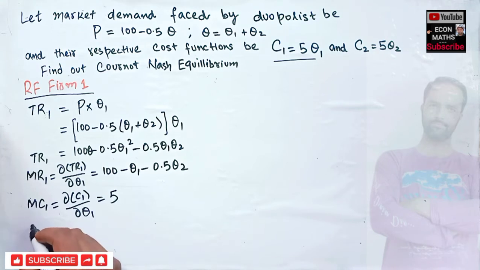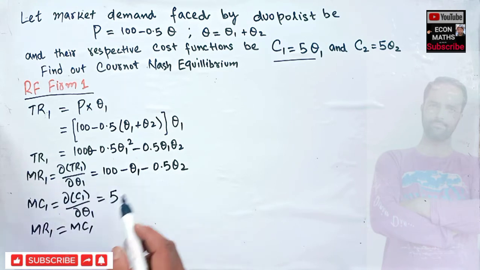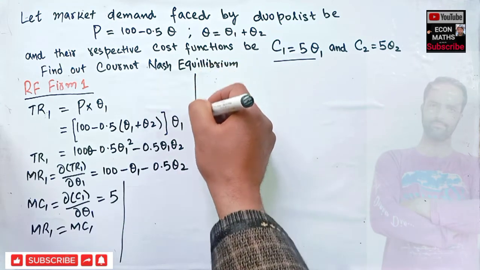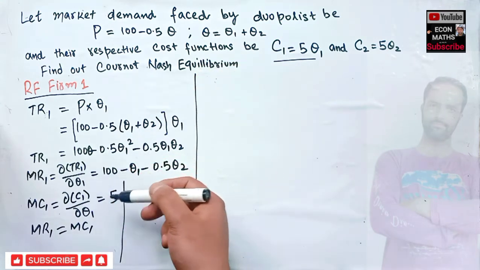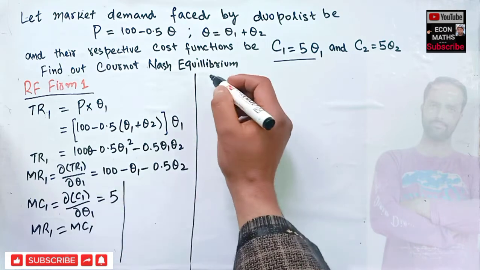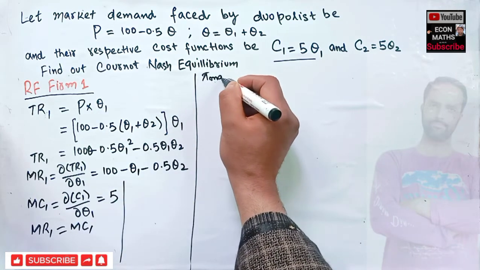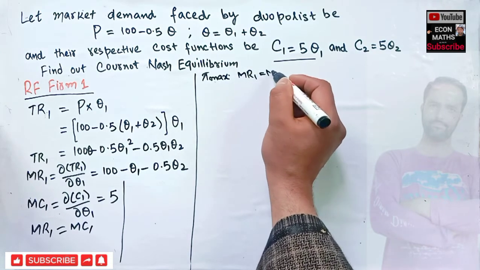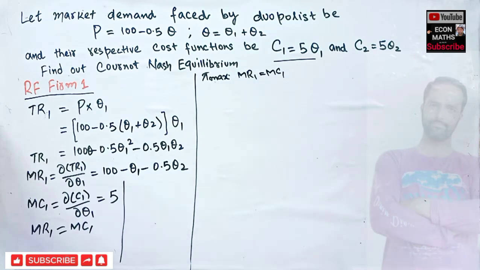Profit maximization requires that marginal revenue of firm 1 should be equal to marginal cost of firm 1.